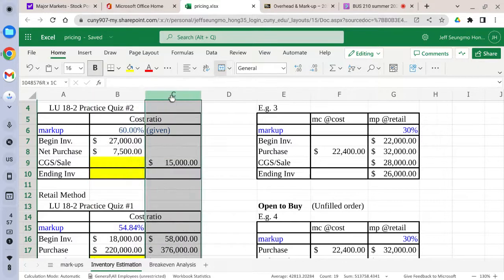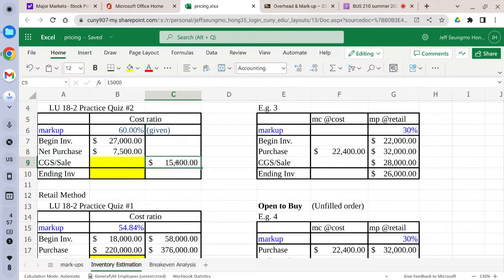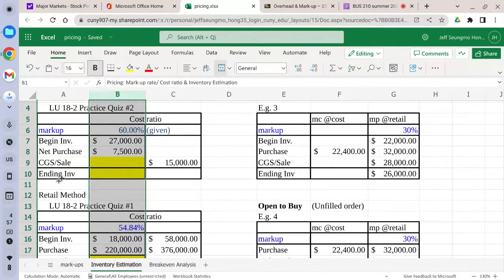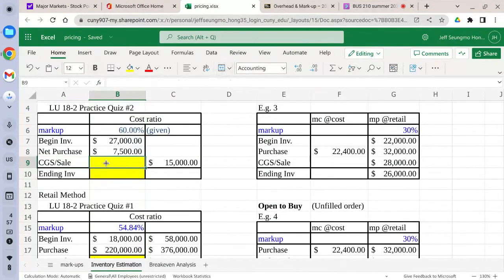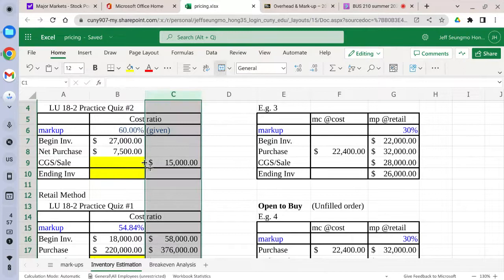Think about it. Why do I have two columns? Because you cannot mix this with this. That's why the label is CGS/sale. What does that slash mean? One column, that's cost, this is CGS. The other column, that's revenue.